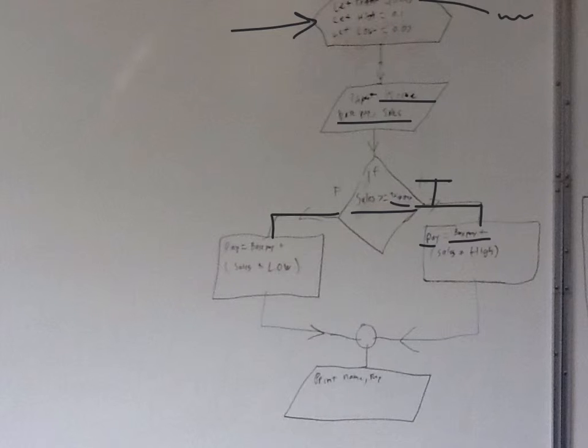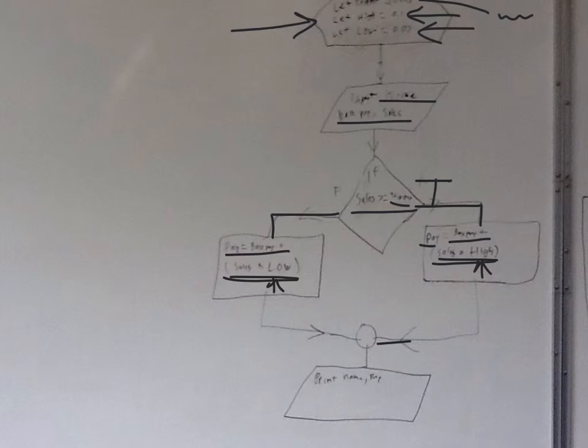They took the base pay plus the high amount. Here they took it plus the low amount. And up here they had the high, and here they had the low, which they multiplied to get the commission.